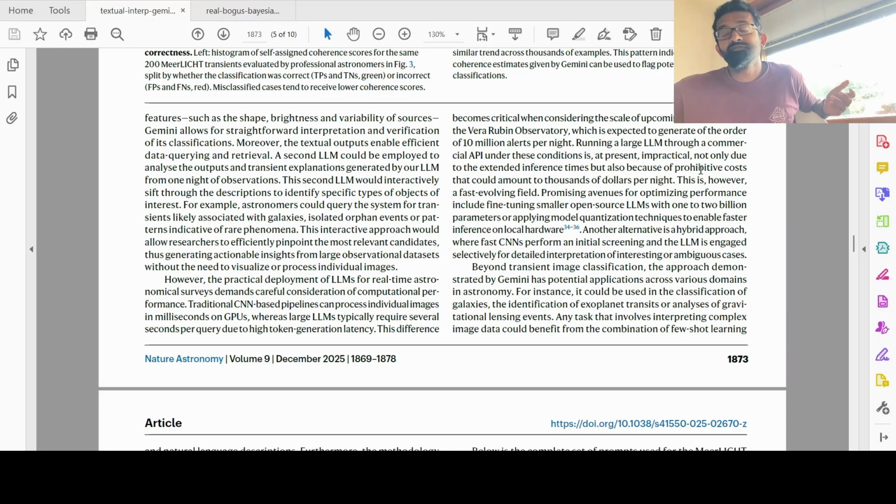And they mention the Vera Rubin Observatory, which would produce millions of alerts per night, and running an LLM through a commercial API under this condition, of course, you have to use Gemini and the Google API, is at present impractical. But then they say that, of course, LLMs are becoming smaller.